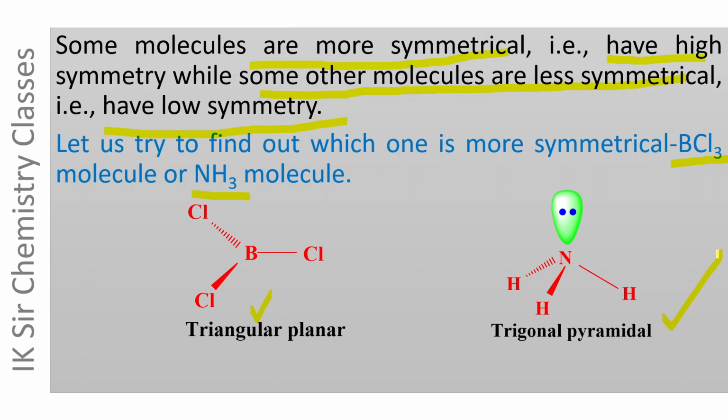In actual practice, BCl3 is more symmetrical, while NH3 is less symmetrical.